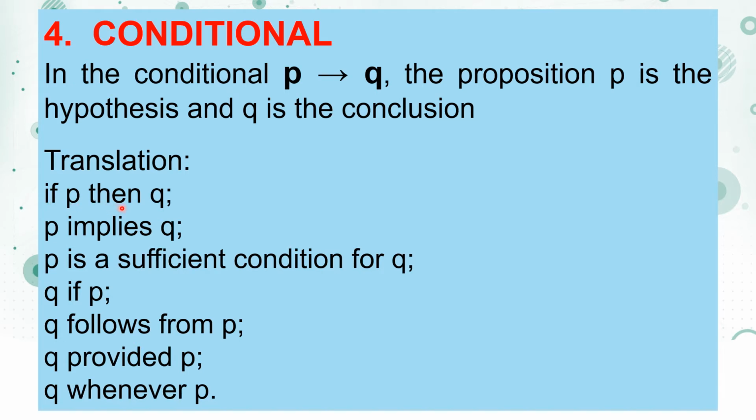If P, then Q. P implies Q. P is a sufficient condition for Q. Q if P. Q follows from P. Q provided P. Or Q whenever P. So memorize by heart all the translations for conditional and the symbol, which is this one.